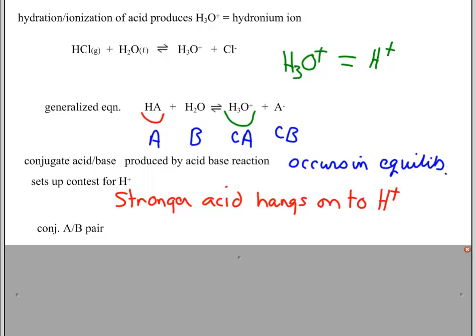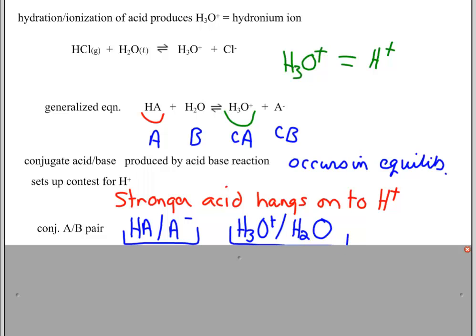So if we look at our original reaction, we have two conjugate acid-base pairs. Our first pair is our acid and its conjugate base, and then we have our conjugate acid and base. They're usually referred to as a conjugate acid-base pair.